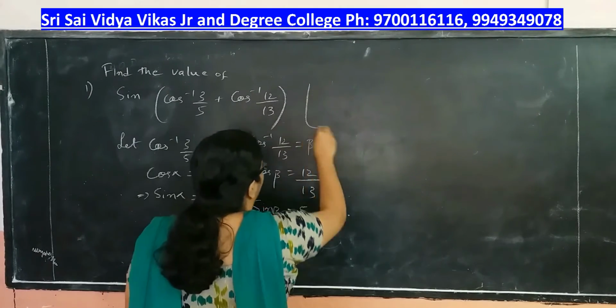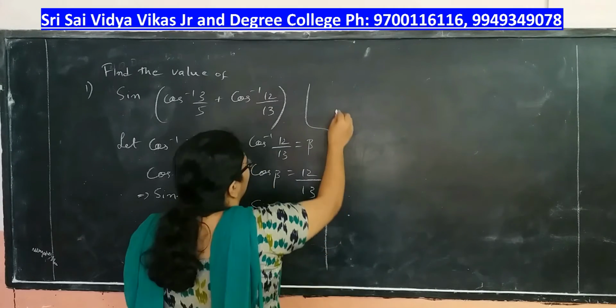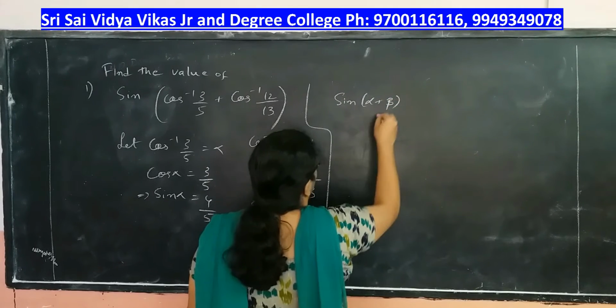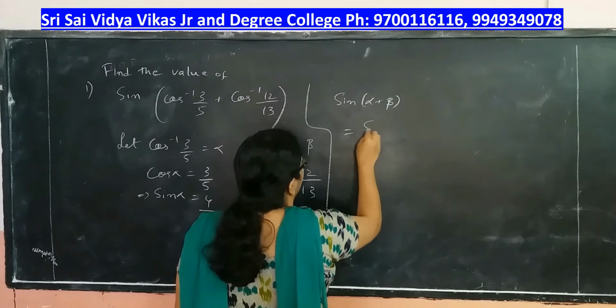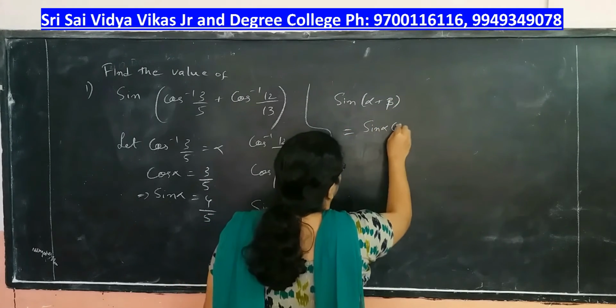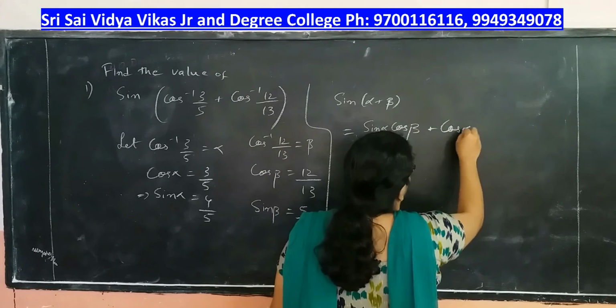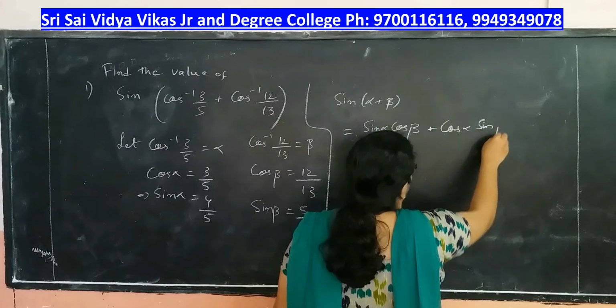Now we have to find sine of alpha plus beta. Sine of alpha plus beta is nothing but sine alpha cos beta plus cos alpha sin beta.